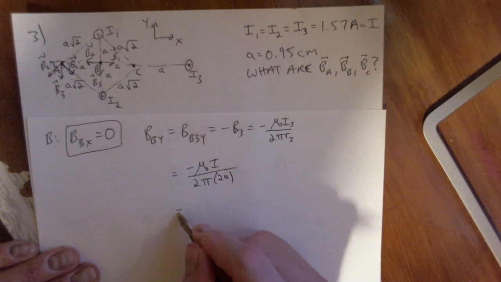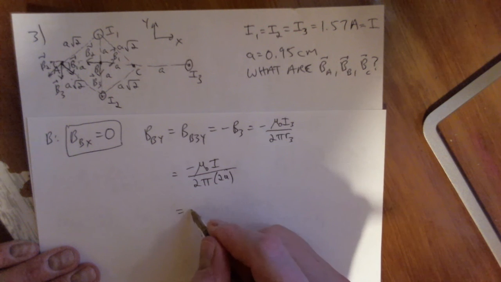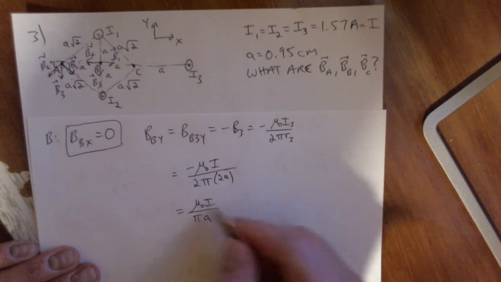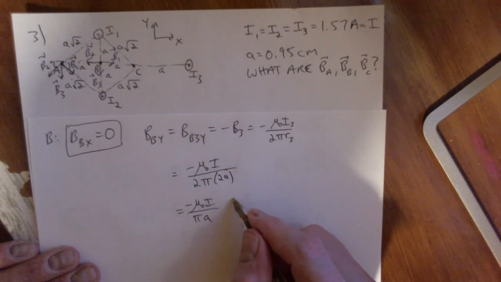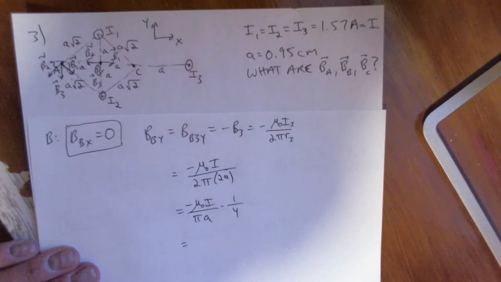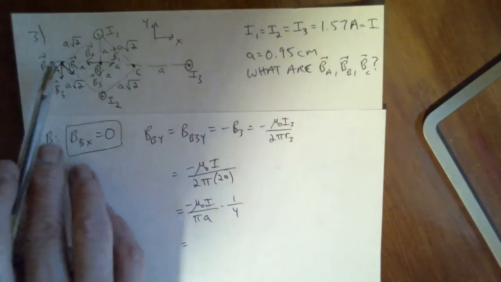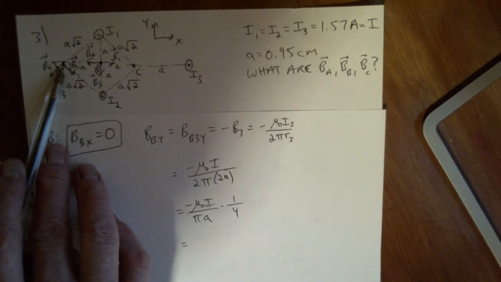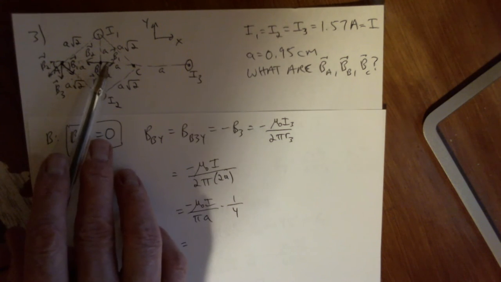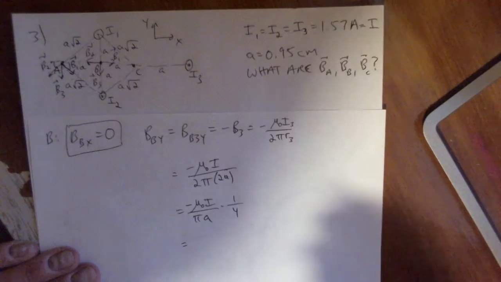All right. And so I calculated mu sub naught I over pi A, so I'll bring that out. And I've got a 1/4. And notice it's going to be smaller than the B field over here, even though it's closer to the currents, because the B fields due to 1 and 2 canceled.